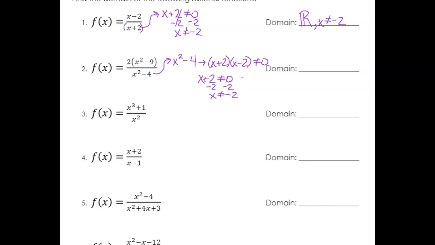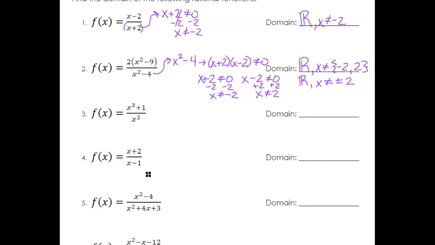And x minus 2 cannot be equal to 0, so x cannot be positive 2. So my domain is all real numbers from negative infinity to positive infinity, except x cannot be negative 2 or 2. You could also say all real numbers except x cannot be positive or negative 2. That's an acceptable way to write it as well.